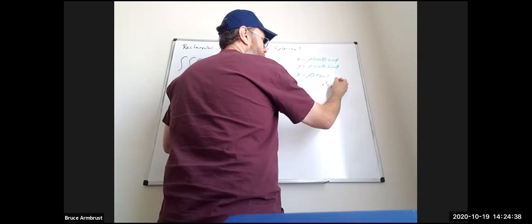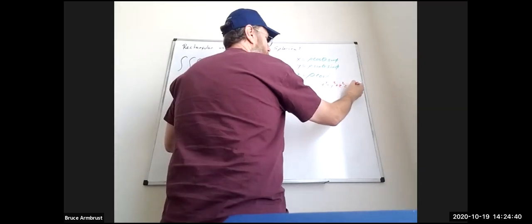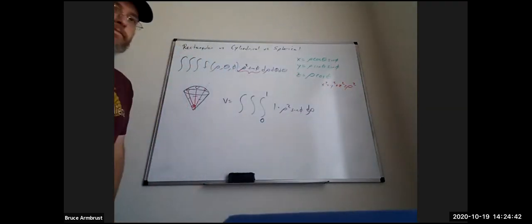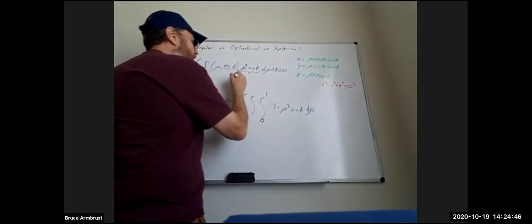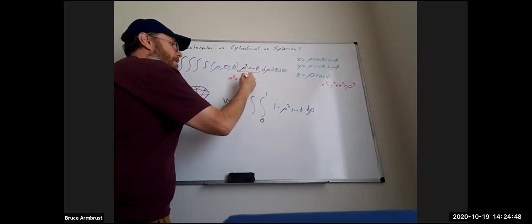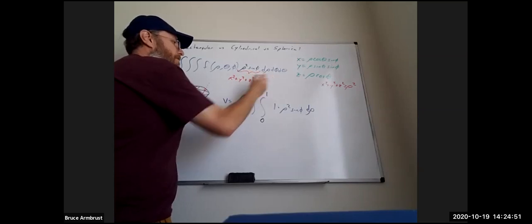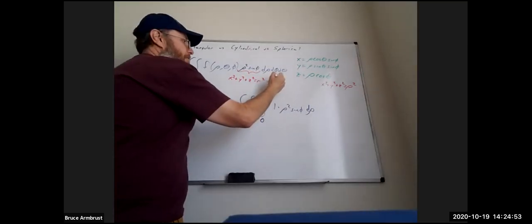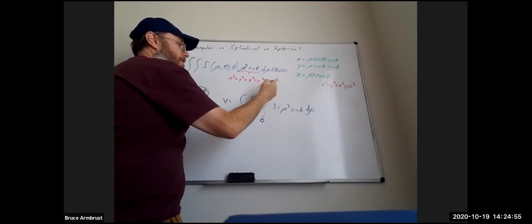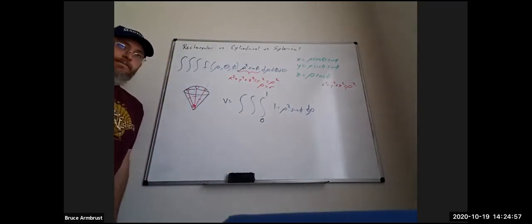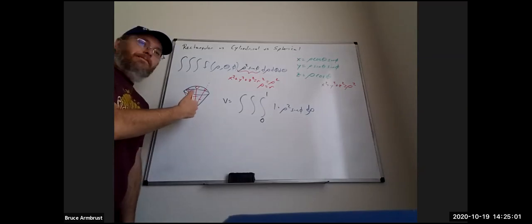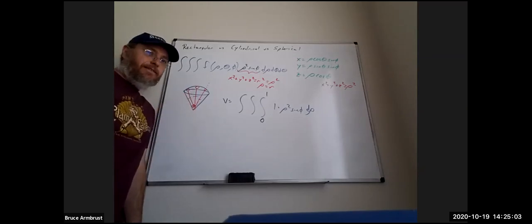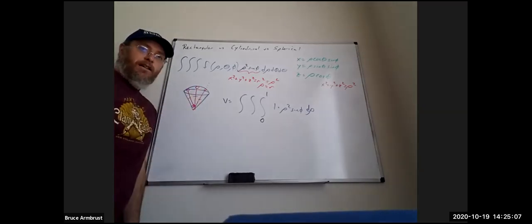X squared plus y squared plus z squared is equal to rho squared. So for a sphere, you've got x squared plus y squared plus z squared equals r squared. Well, if that equals rho squared, then rho is just the radius. So in this one, integration man never changes height. He's always 1 unit tall.